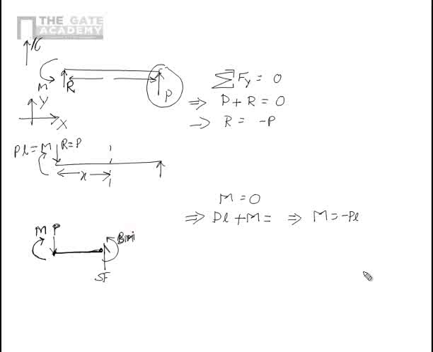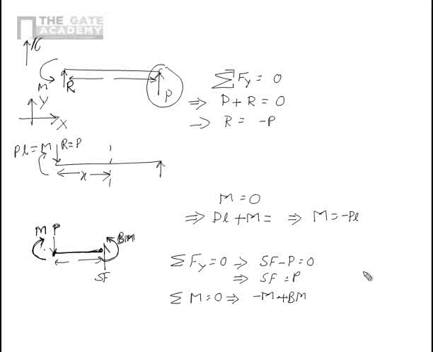Now if we write the equilibrium of this section of the beam, sigma Fy is equal to 0, that gives me SF minus P equal to 0, which means SF equal to P. And if I write sigma M equal to 0, this is X, I have a clockwise moment here, M, so that is minus M, and anti-clockwise moment here, BM, so plus BM, plus let's say I am taking the moment about this fixed end which is called O, so that will give me plus SF multiplied by X equal to 0.